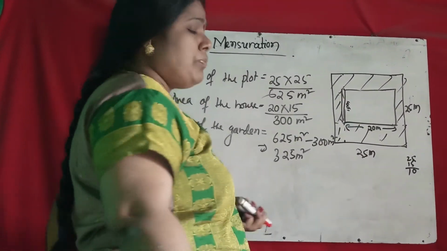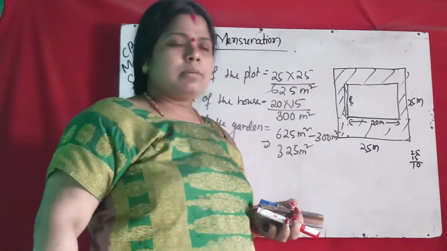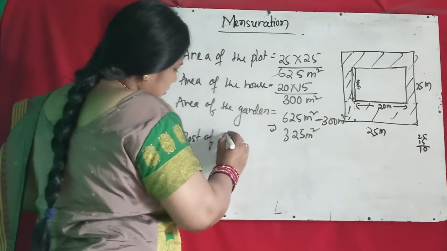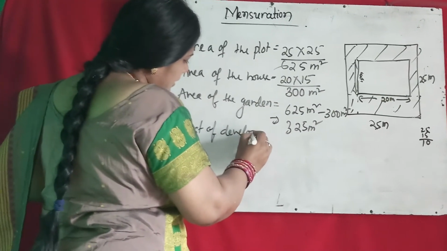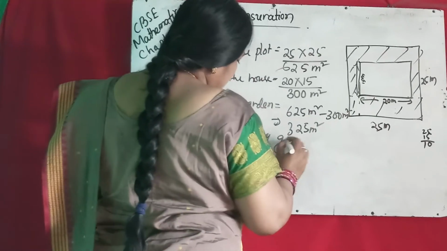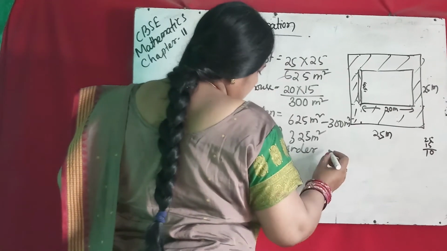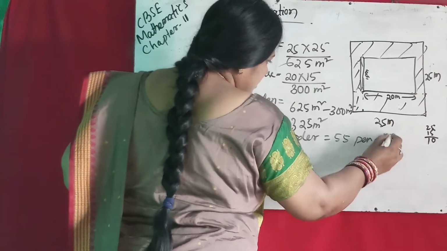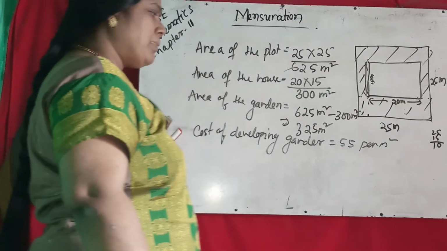So the cost of developing the garden is 55 per meter square, meaning 1 meter square costs 55 rupees.